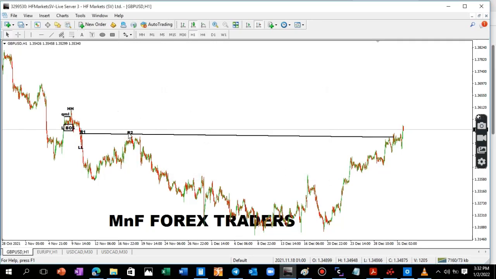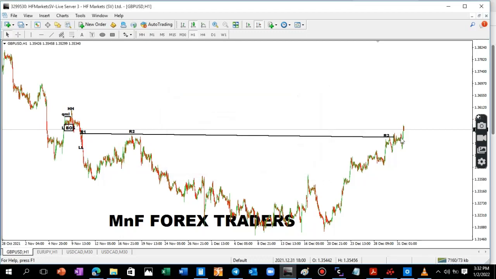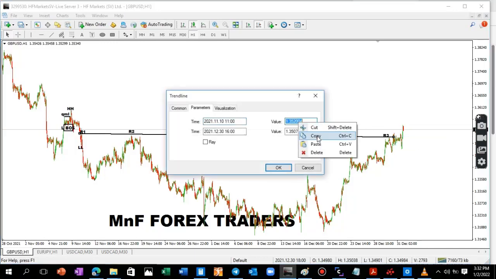R2 right here, and I have an R3 here, and then the market seems to have already broken the resistance that you can see clearly here.